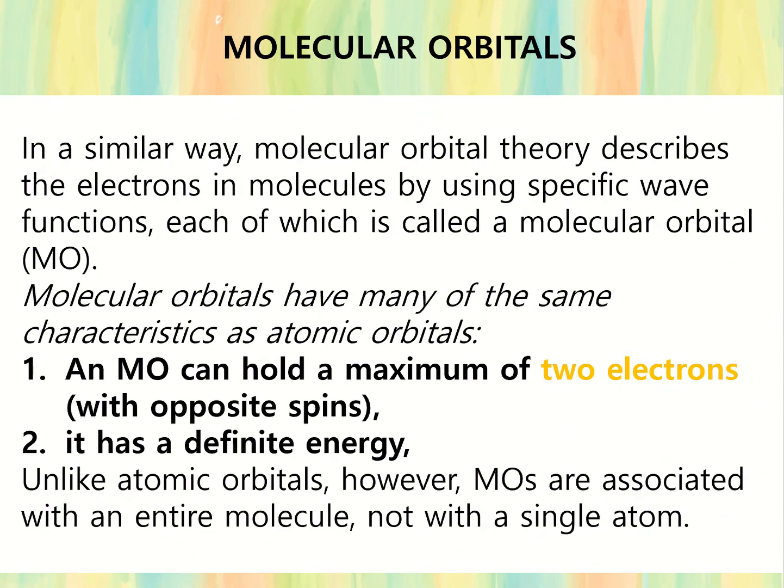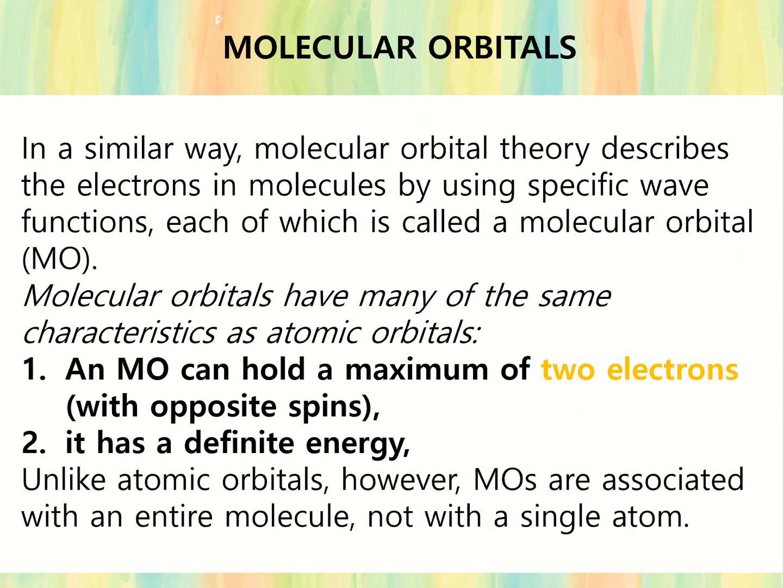So molecular orbitals have many of the same characteristics of atomic orbitals, and these are some of the similarities. One, a molecular orbital can hold a maximum of 2 electrons with opposite spins, right? So that is true for atomic orbitals as well. The second similarity is that it has a definite energy, right? There's a definite energy associated with the molecular orbitals.